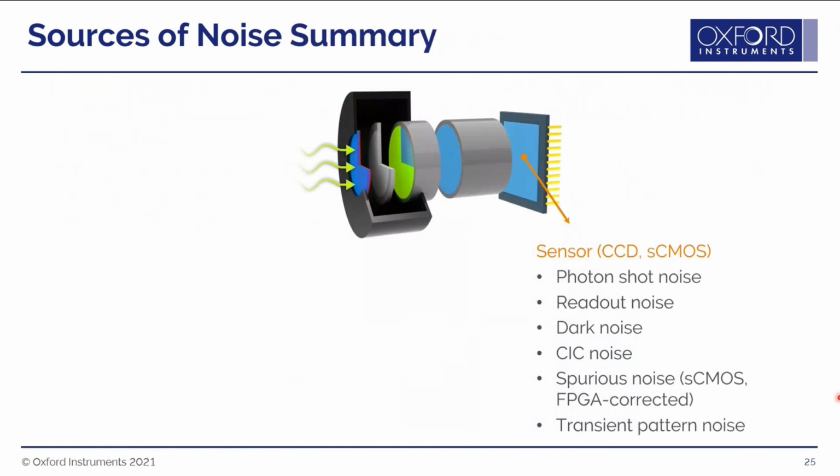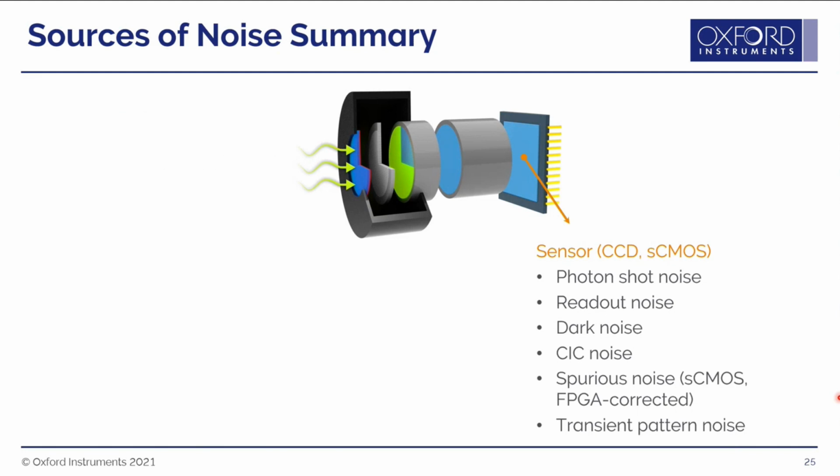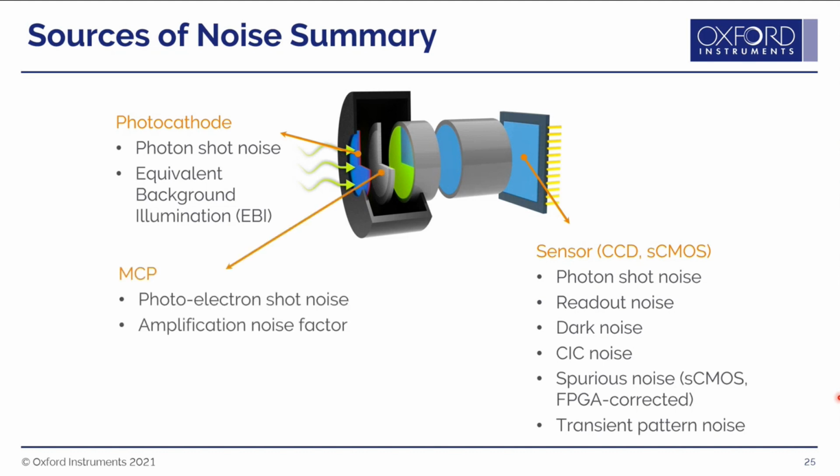Just to summarize those, I may mention a few others that I hadn't. We covered the sensor noise: the photon shot noise, the readout noise, dark noise or dark current, clock-induced charge noise, and spurious noise. There is also a pattern noise associated with sCMOS technology that's typically corrected out during the QC stage within Andor. You then have photon shot noise in your photocathode, and your EBI from your photocathode.